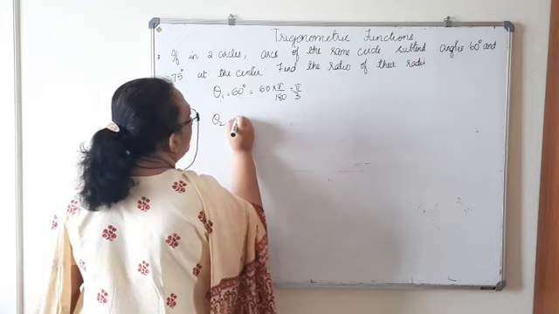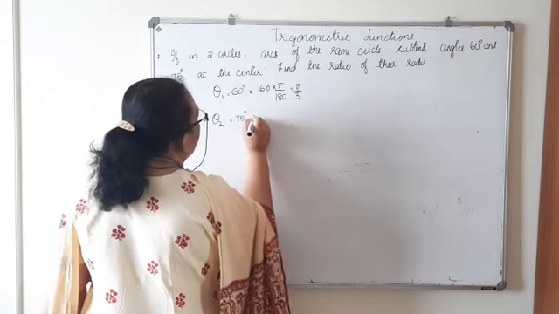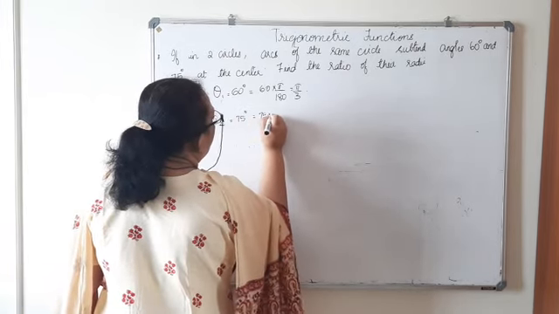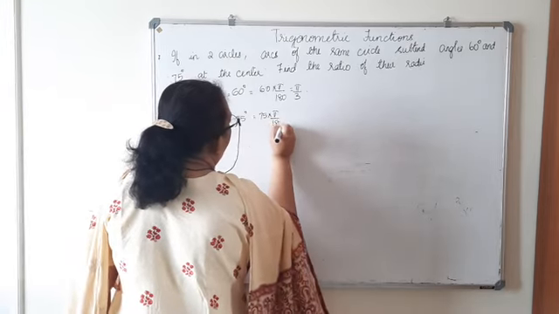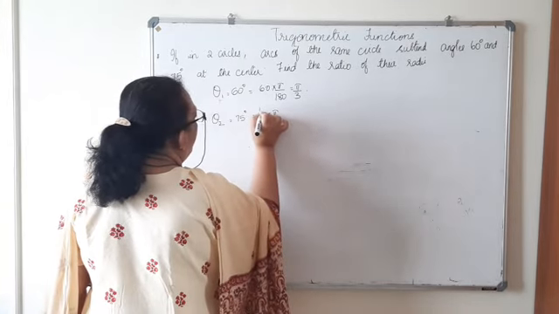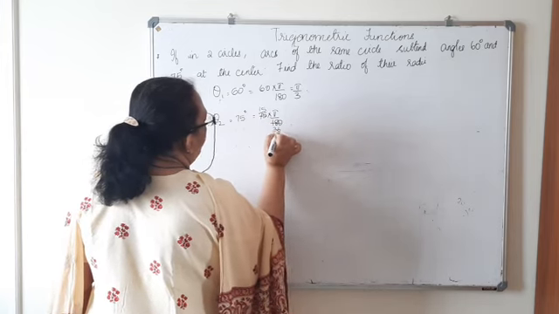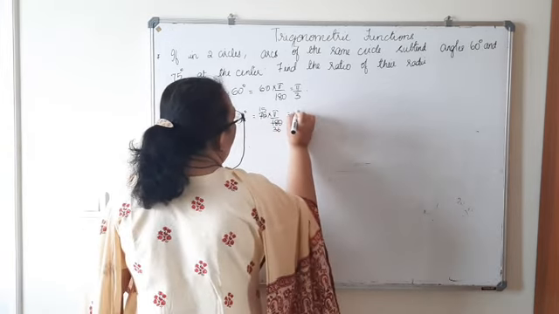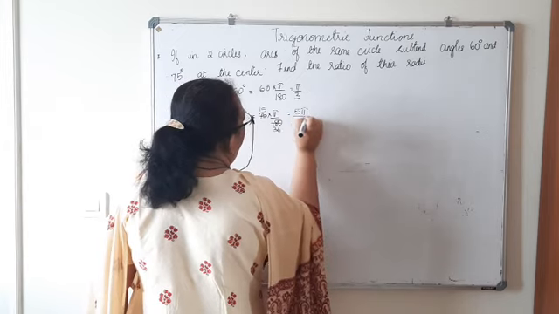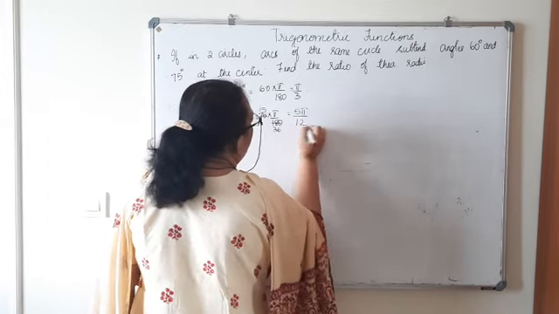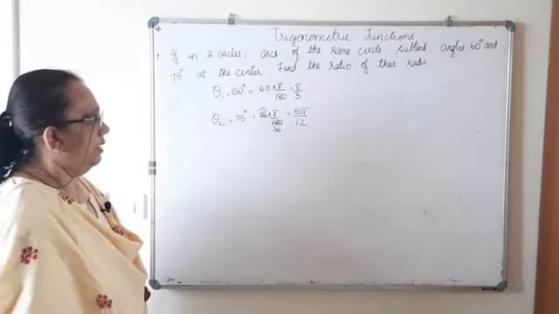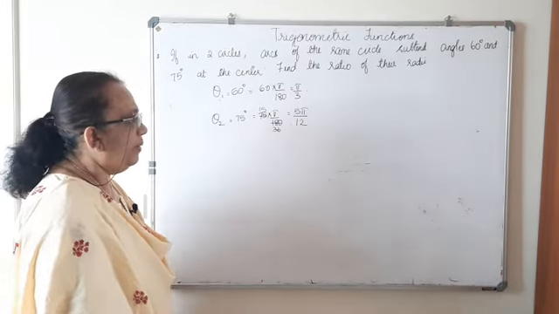The other angle is equal to 75 degrees is equal to 75 into pi by 180. 5 ones are 5, 5 5s are 25, 5 3s are 15, 3 12s are 36. So that is equal to 5 pi by 12.